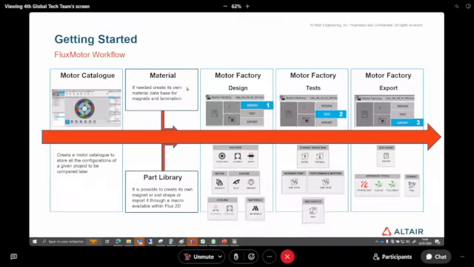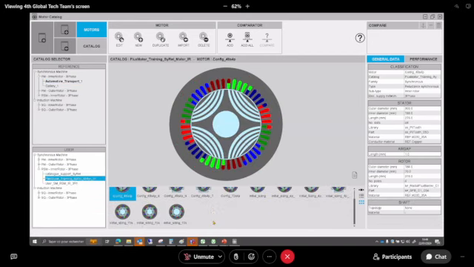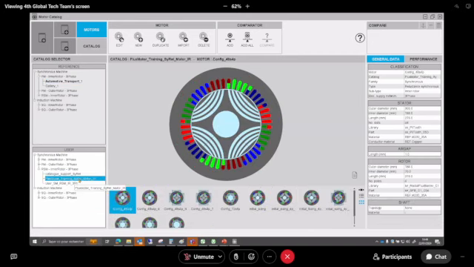Okay, so once you have created your catalog, in your catalog you can create your synchronous reluctance machine. Here, for instance, I created this catalog for our example. Then you can use this catalog and put one candidate or all the iterations you may have for a given project.